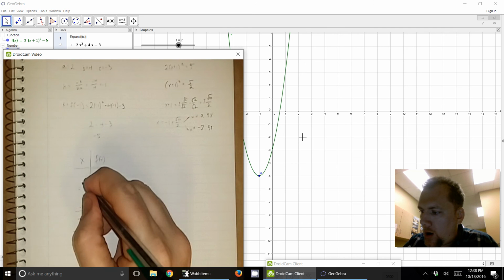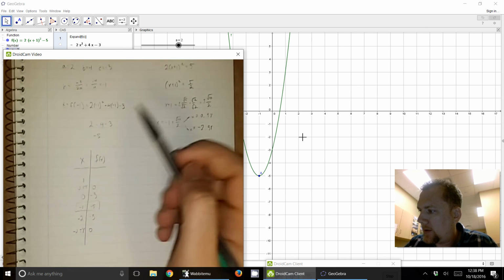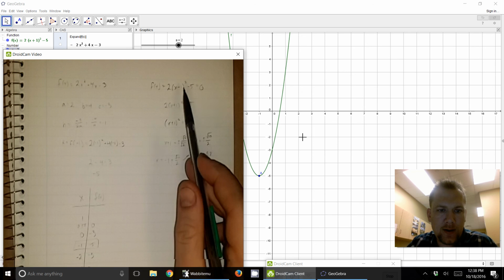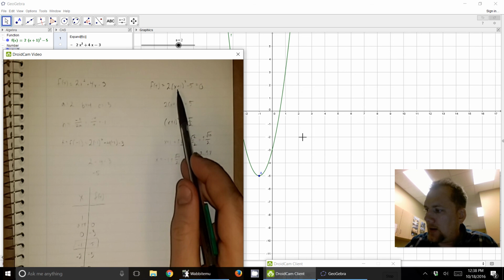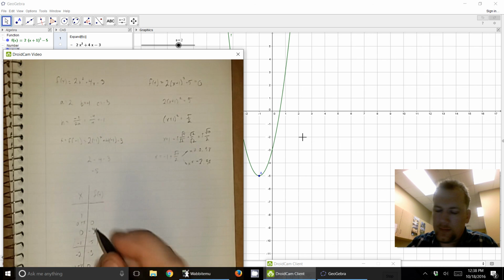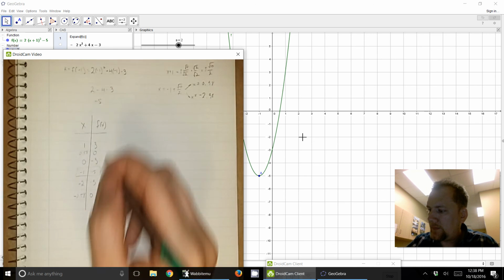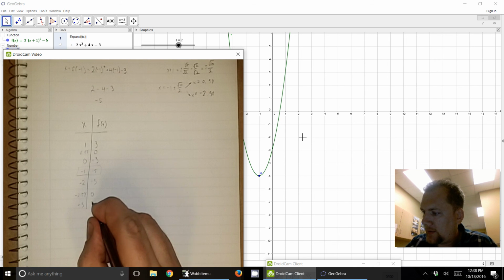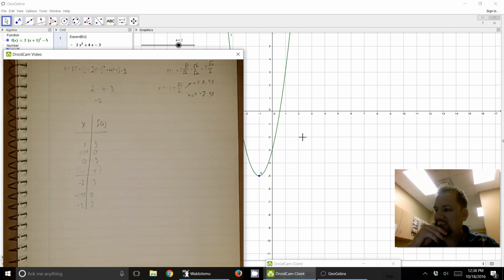Then 1, putting 1 in this vertex form up here, it would be 2 in here, squared is 4, doubled is 8, minus 5 is 3. So then this would be negative 3, 3. Okay, so that's a simple way to generate that table.